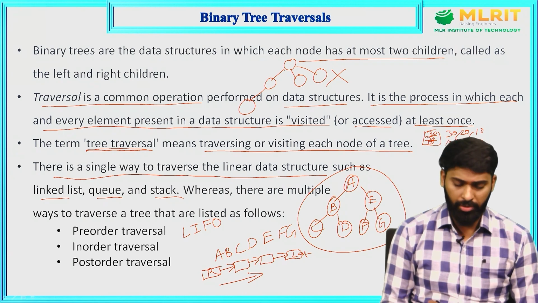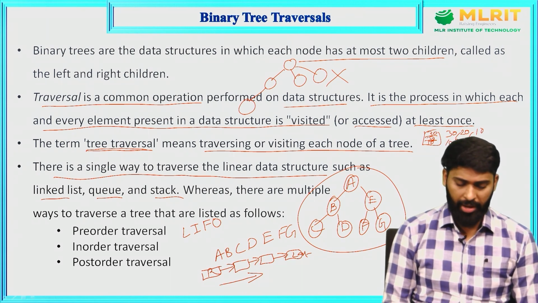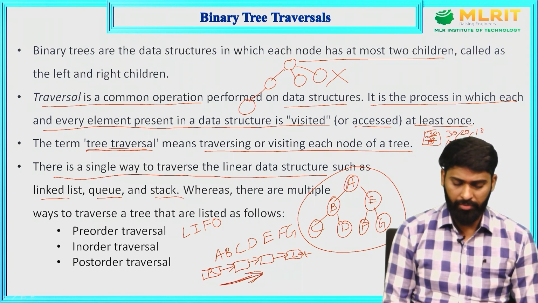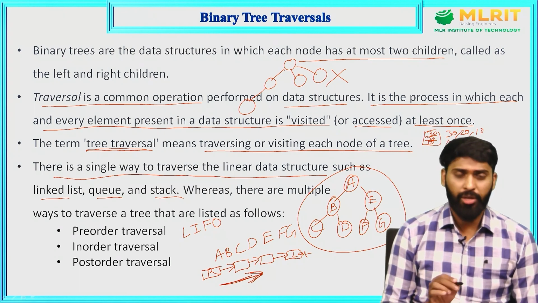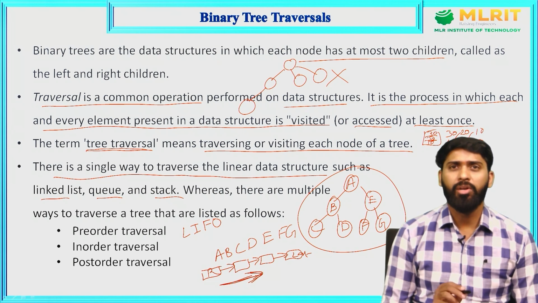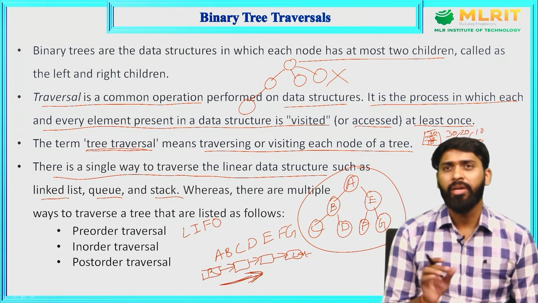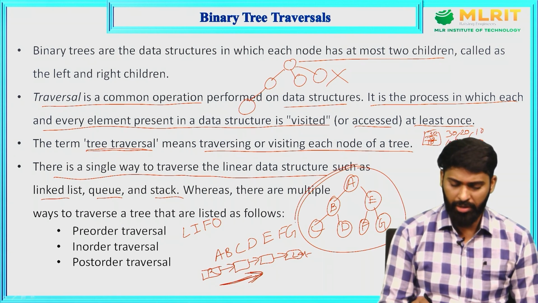Now, coming to the linked list, here we access the elements in the forward direction from the root to the last node. In linear data structures, we have only a single way to access the elements. But coming to a tree, here we have different ways.